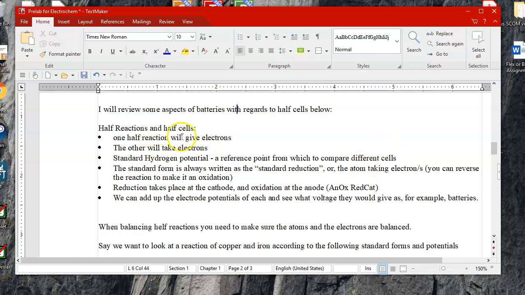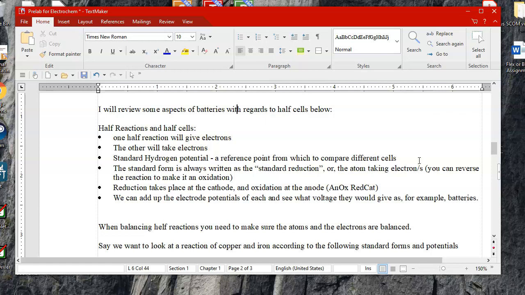One reaction is always going to give electrons and the other one is going to take electrons. So one of those is going to be the oxidation and one of those is going to be the reduction reaction. We compare these to the standard hydrogen electrode cell. This is because the potential has no meaning in and of itself.